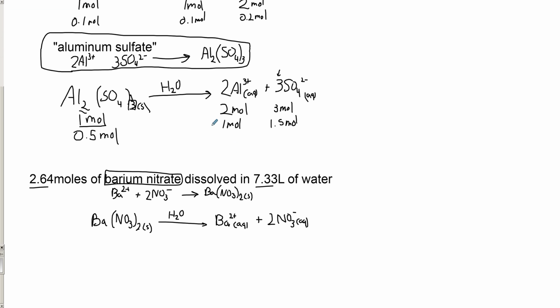So my concentration is just the moles number, and I'm still writing units, divided by the liters number. And so I'll calculate that on my little TI-84 here. So 2.64 divided by 7.33, and we get 0.36 moles per liter.